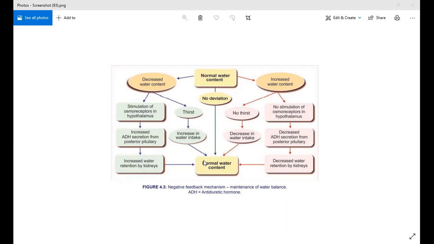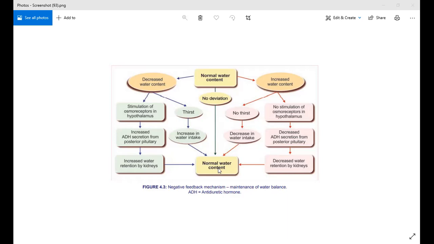Now, once we have this normal water content, we need to stop the release of antidiuretic hormone. We need to stop it. Because if you don't stop it, what will happen eventually is that even though you now have a normal water content, your body will still be removing water from your urine into your blood.